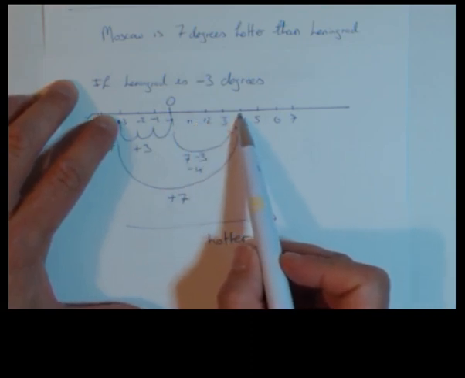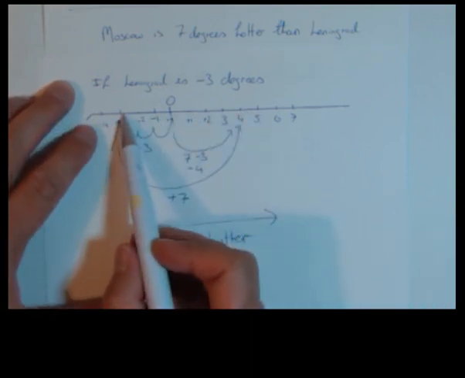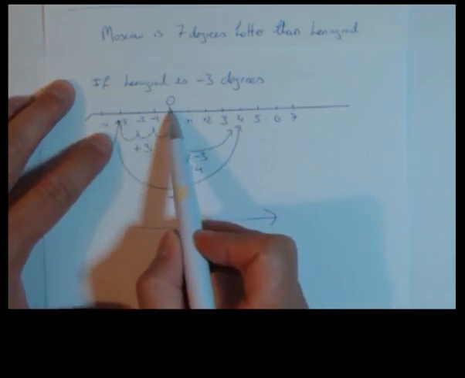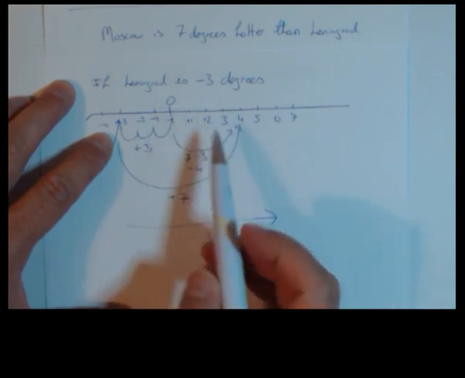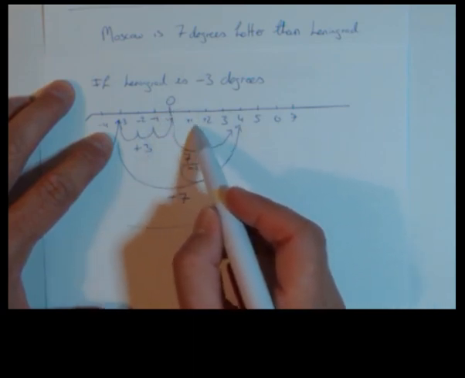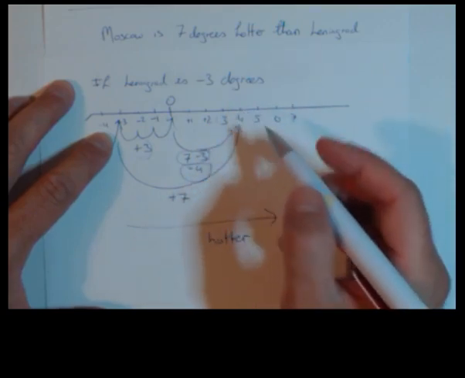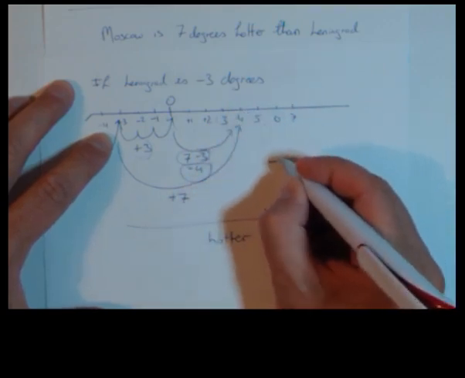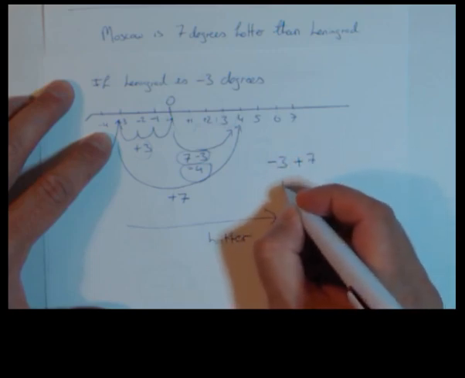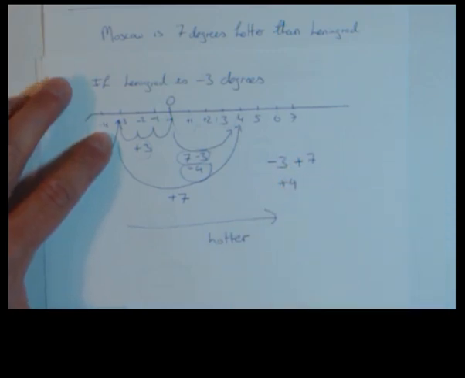We want to know where we end up. Well, we started 3 below, so we used up 3 just to get back up to 0. So we used up 3 of these 7, leaving us with 4 more to go up to plus 4 degrees. So minus 3 degrees plus 7 degrees brought us up to plus 4 degrees.